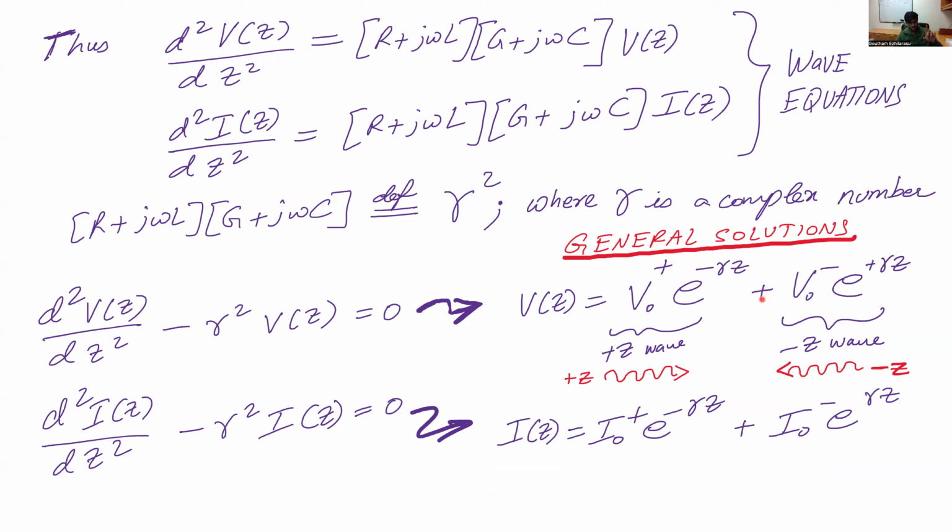The jβ term is going to add an e^(−jβz), which means the signal is gaining a phase and is traveling along the plus z direction, so it corresponds to a wave that is propagating along plus z. So γ being complex just means that it takes into account both the propagation of the signal along the z direction as well as the attenuation of the signal as it propagates along the transmission line.